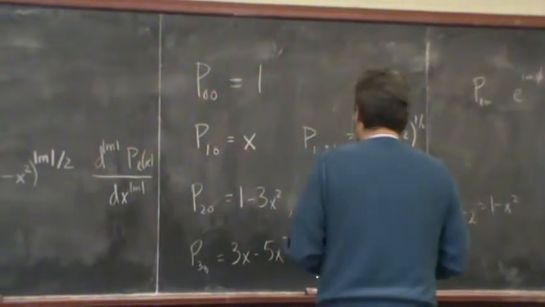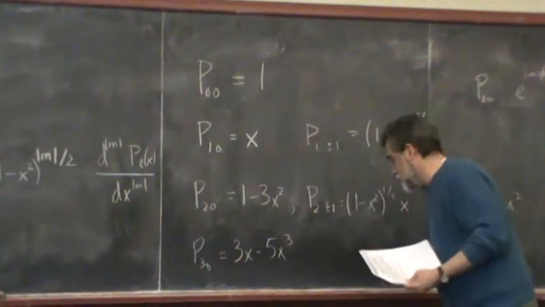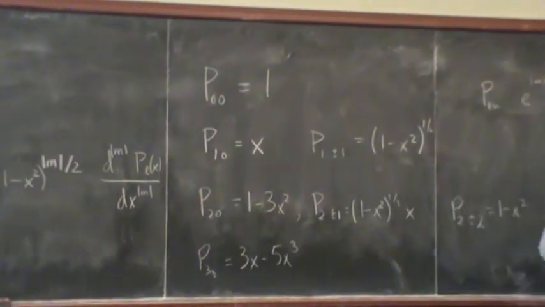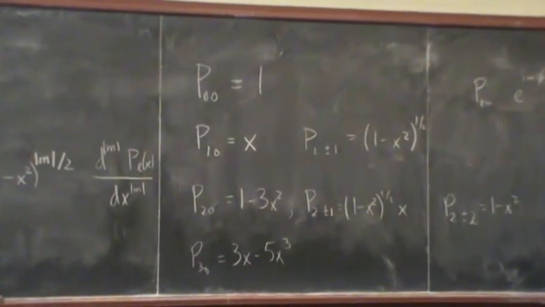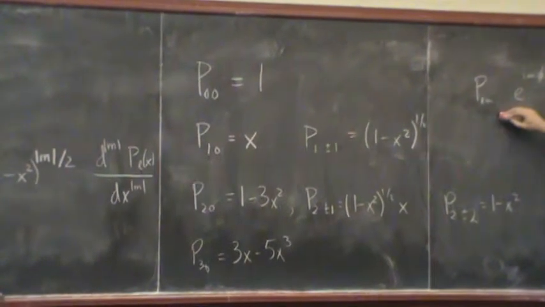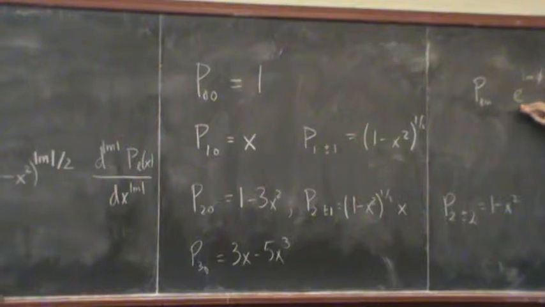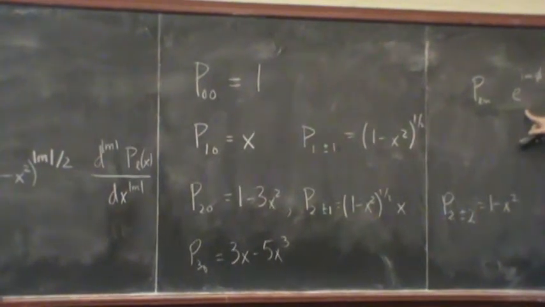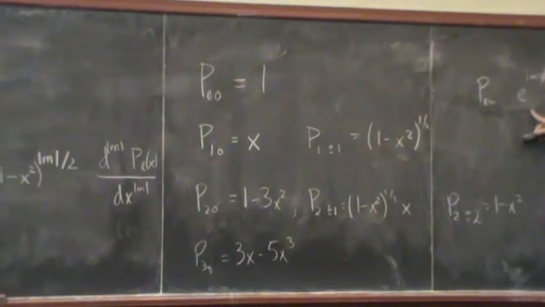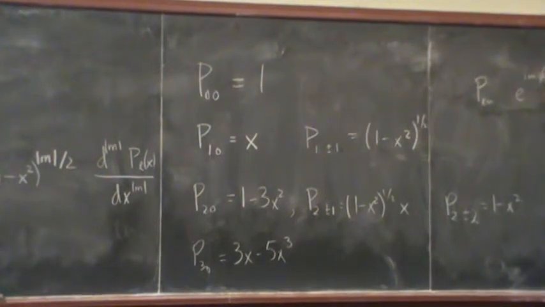So we'll actually worry just about the associated Legendre polynomials and the dependence on the azimuthal angle, right?